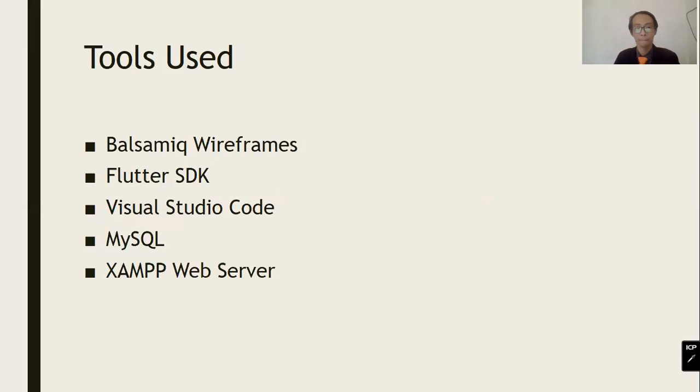I'm using Flutter SDK because it is easier than developing using Java only. As the text editor, I'm using Visual Studio Code because it supports the use of plugins, and in this case, I'm using the plugin for the Dart language, which is used by Flutter.